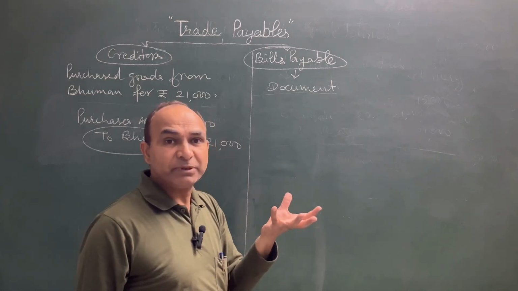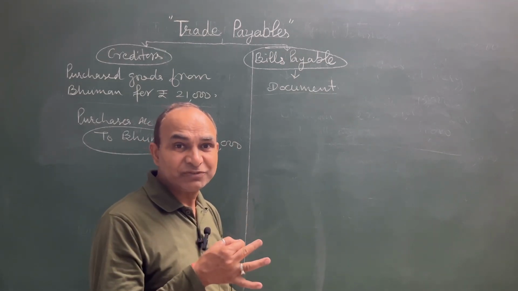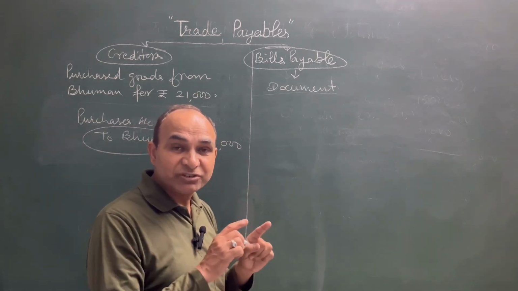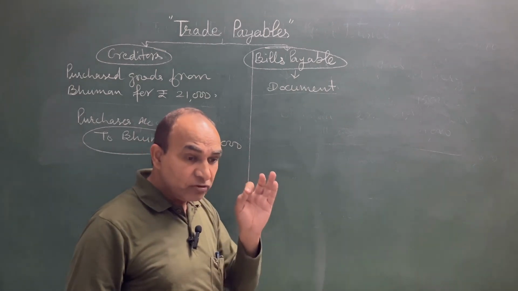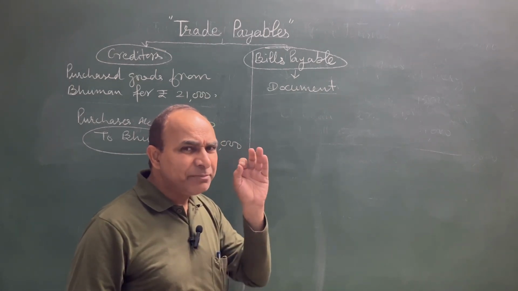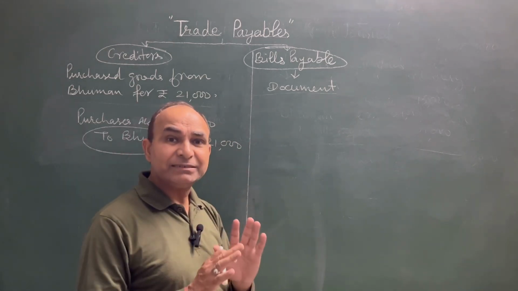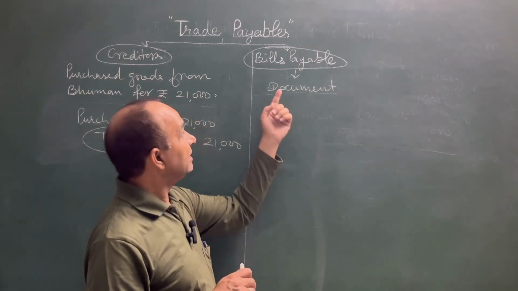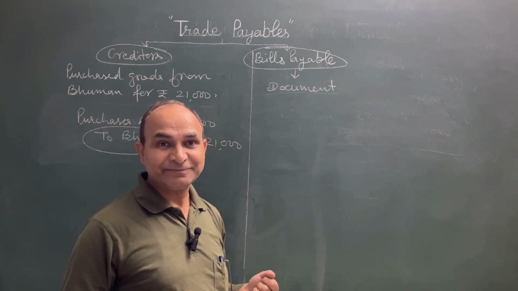He prepared that bill and that is duly signed by us, on which the nature of goods and amount of goods is mentioned, and at the same time, most importantly, it is also mentioned when to make payment of these goods. When everything takes place in writing regarding the amount of goods and the date of payment, that becomes a bills payable and it is a legal document.